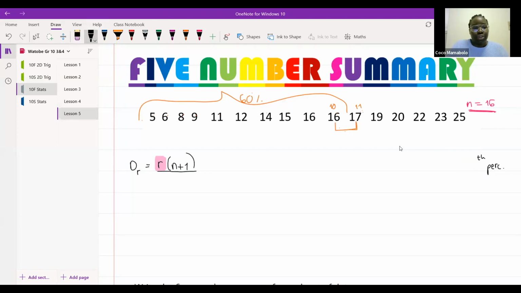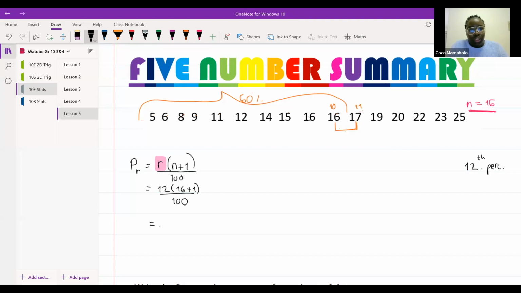If I say let's find the 12th percentile, we're just going to replace R with what? With 12. Yes, because we're looking for the 12th percentile. So now we just go 12 multiplied by 16 plus 1 over 100.